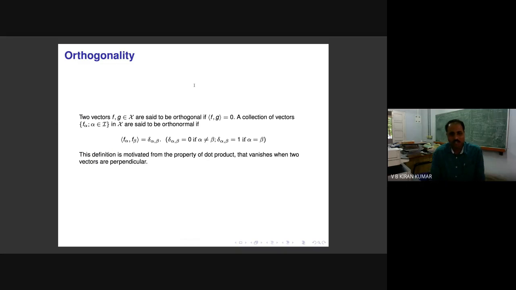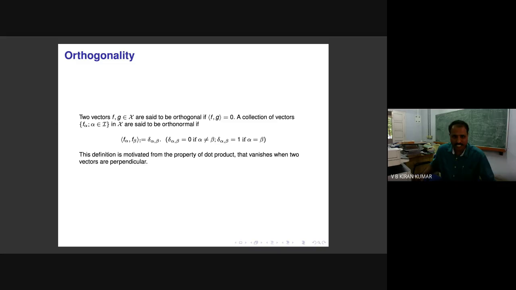Now, the notion called orthogonality. In classical Euclidean geometry, we know that two vectors are perpendicular to each other if their dot product is 0. Similarly, you define f and g to be orthogonal if the inner product of f and g is 0. And a collection of vectors f alpha, with alpha belonging to an index set I, in X is said to be orthonormal if their inner product is given by the Kronecker delta function delta alpha beta.